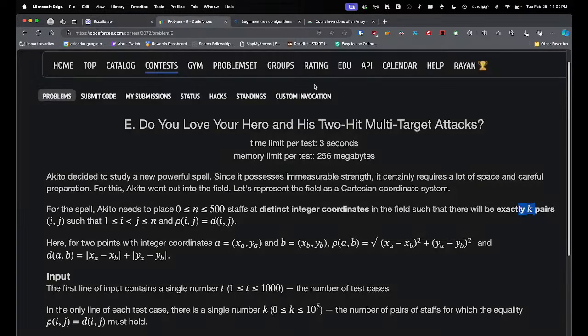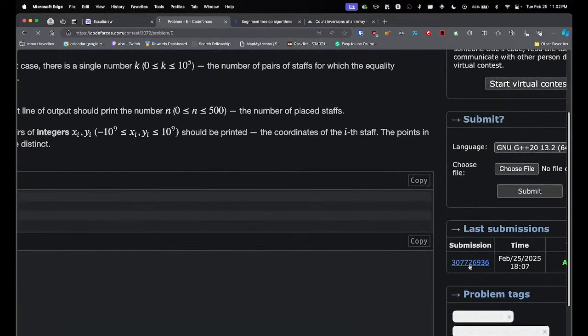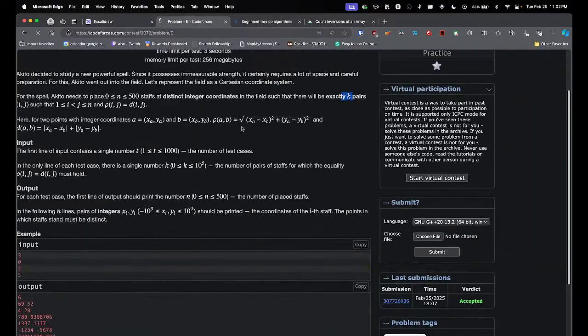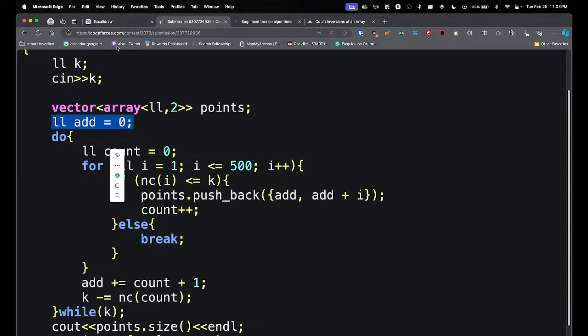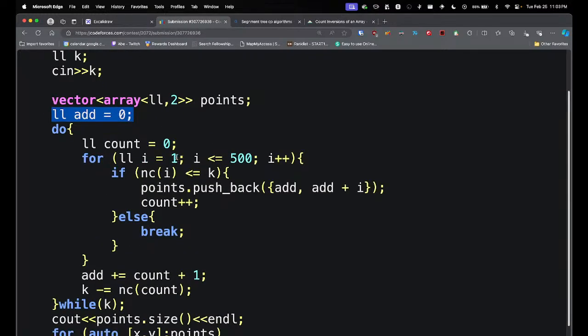So if you look at my code, I am literally brute forcing. My initial offset is 0. My count is the number of same points I'm taking. Either I take 1 same, 2 same, 3 same, and I go until 500.